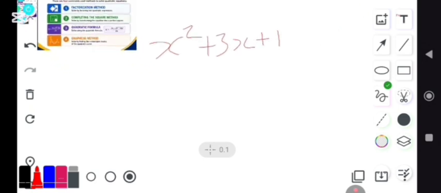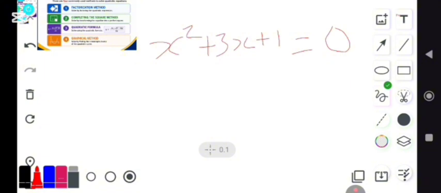Look at this. A situation where you have x squared plus 3x plus 1 equal to 0.